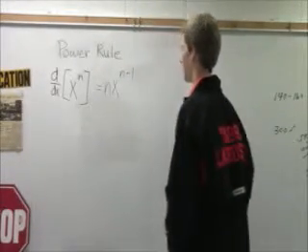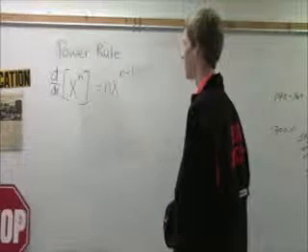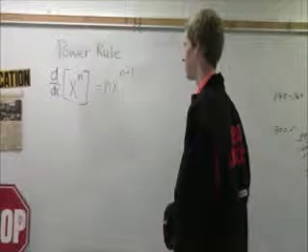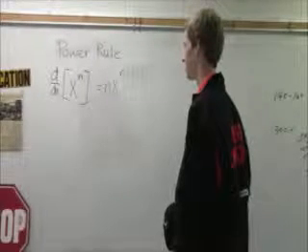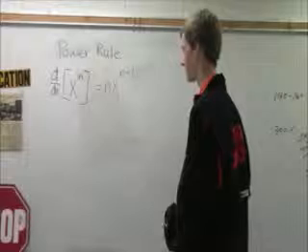This basically just means that this rule states you take the function's power, you drop it and make it a coefficient, and then you subtract the power by 1.